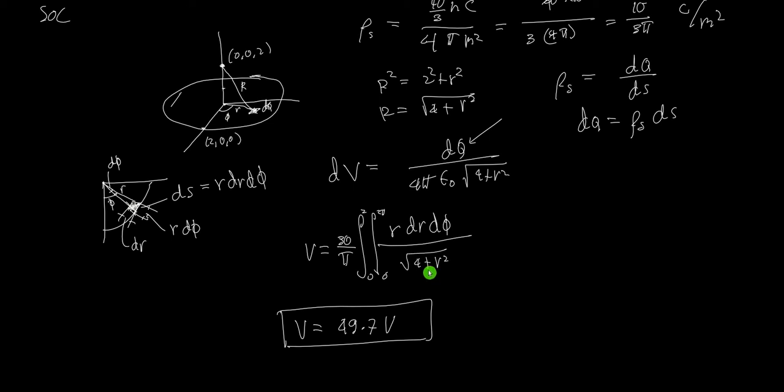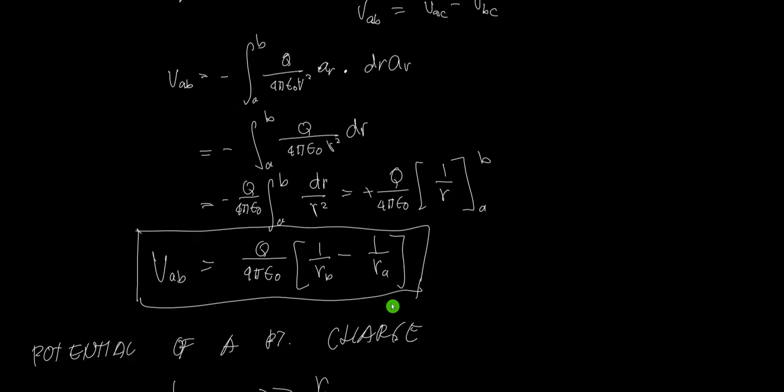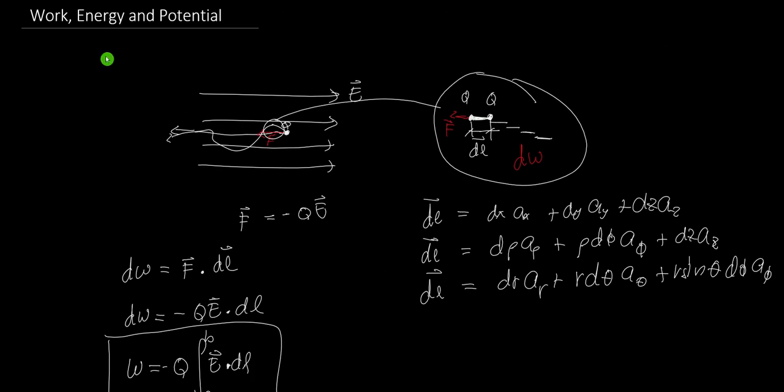You can do substitution here because you have r dr in the numerator. So you can do that on your own. You can also do that using your calculator, and you should arrive at 49.7 volts. So that's the electrostatic potential, and the work potential. We also have another one here, the energy, but I will do that in the next lecture.